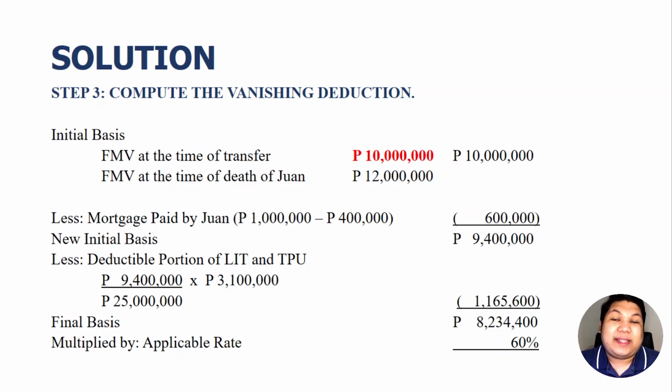Why 60%? Because remember, the property was inherited 2.5 years ago. And if you're going to look at the table, as I have mentioned in our previous discussion, if the inheritance and the date of death is only within a year, that is 100%.